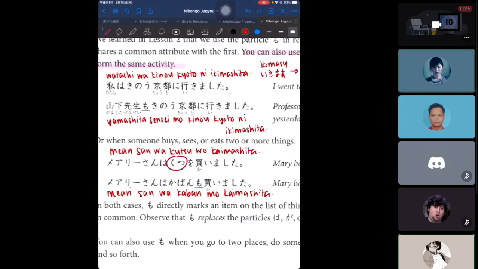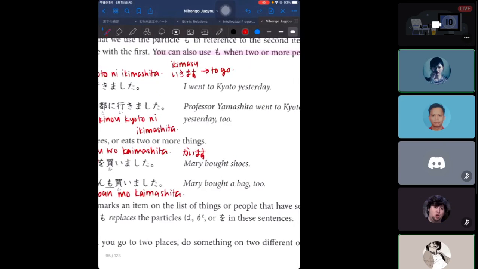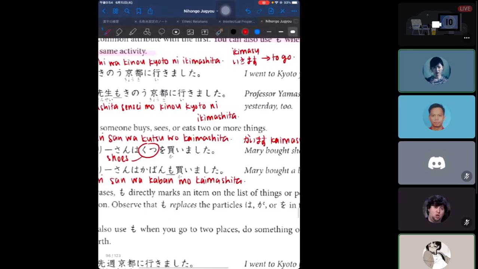Shoes. 靴を買いました. 買います is the present tense for to buy. Since they're using 買いました, it means they bought.